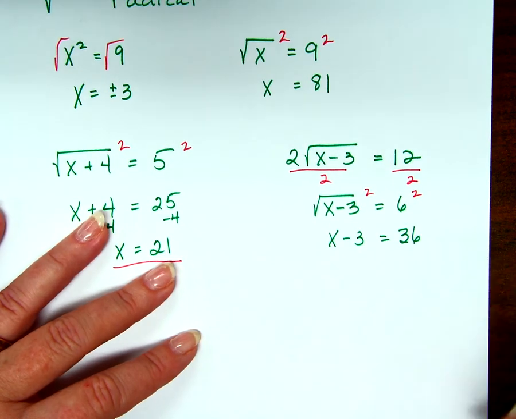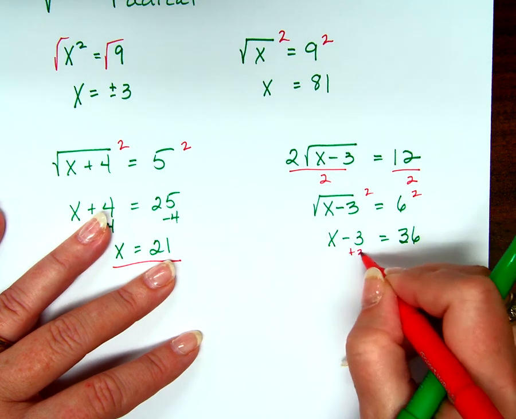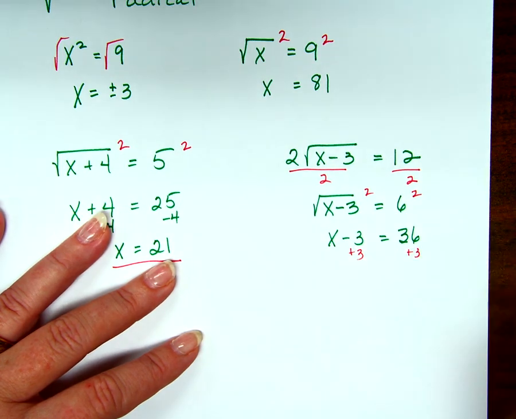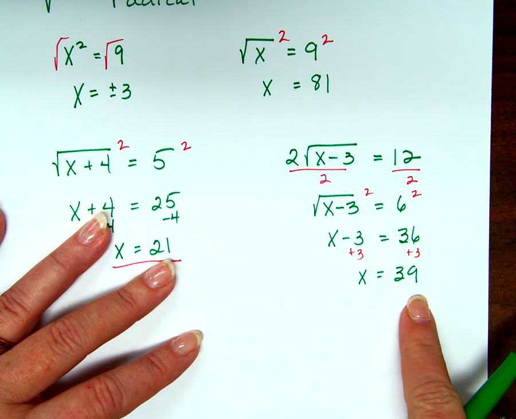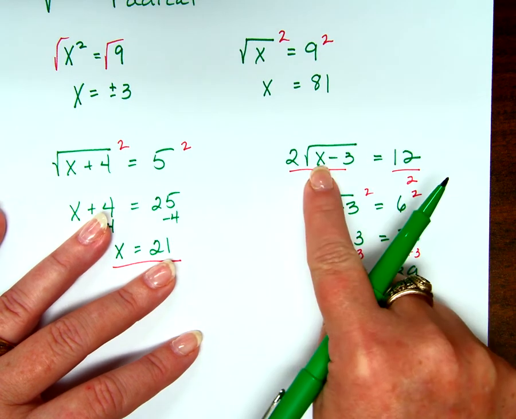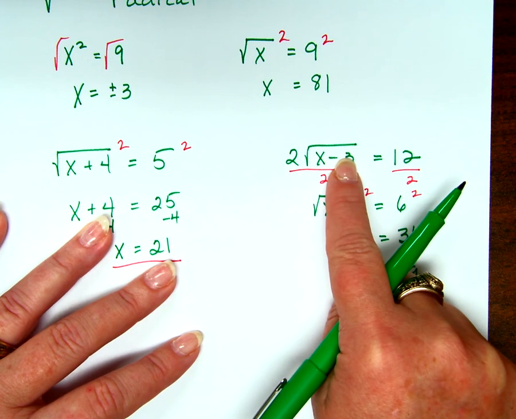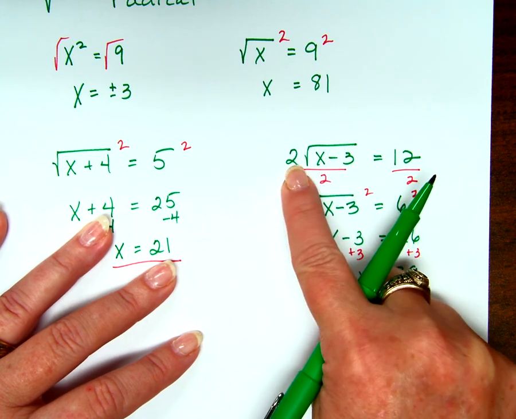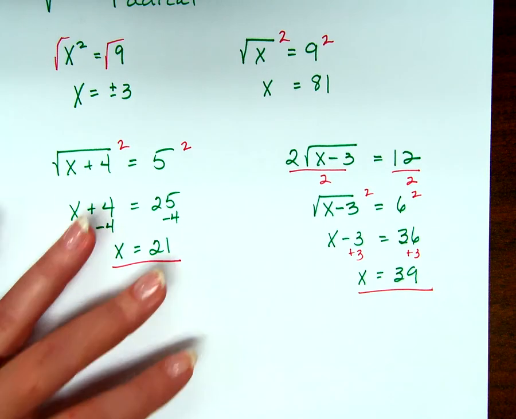Perfect. To solve, add 3. X equals 39. Is it right? We should check, okay? 39 minus 3. 36. What's the square root of 36? What is 6 times 2? Does 12 equal 12? Then I know for a fact that I am correct.